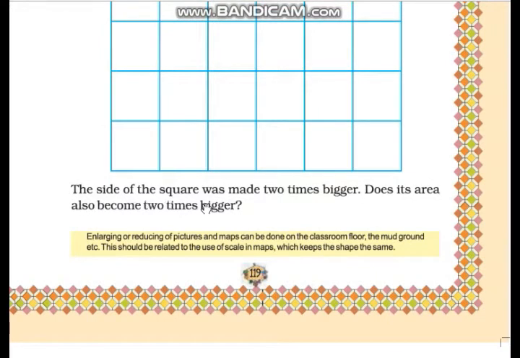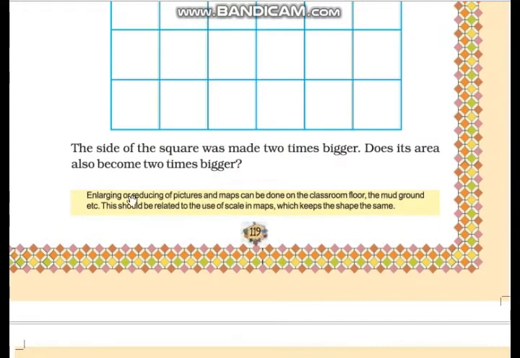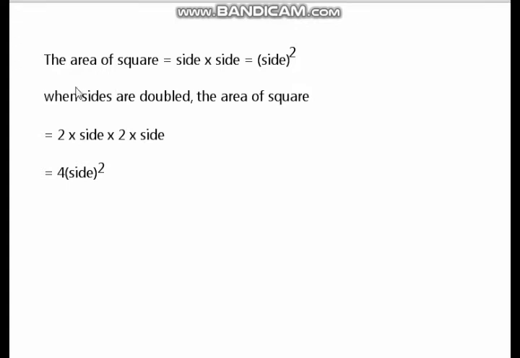Now the side of the square was made 2 times bigger. Does its area also become 2 times bigger? No, its area will become 4 times bigger. How? Let us see. As we know, the area of a square is equal to side into side. This is the formula: area of square is equal to side square.